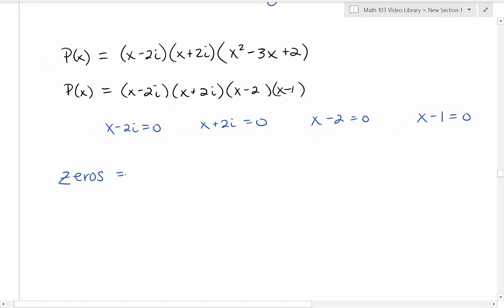Our list of zeros will be 2i, negative 2i, positive 2, and positive 1.